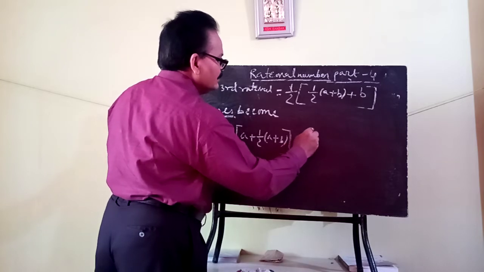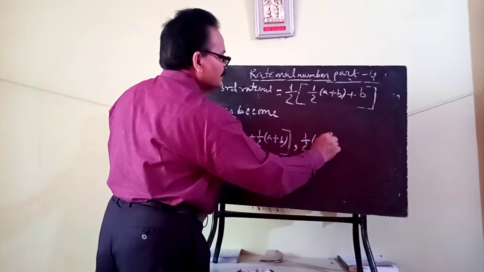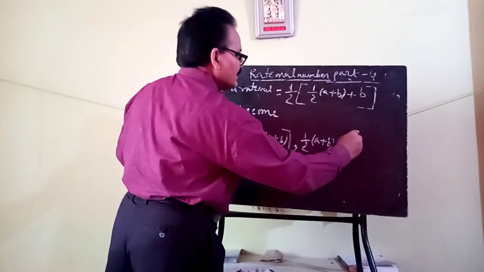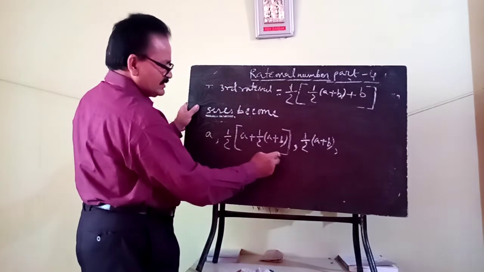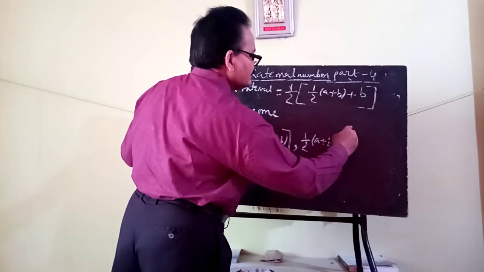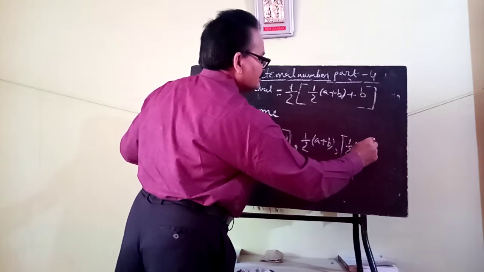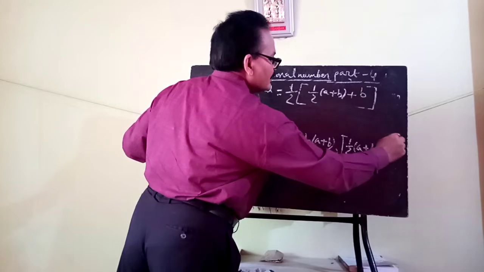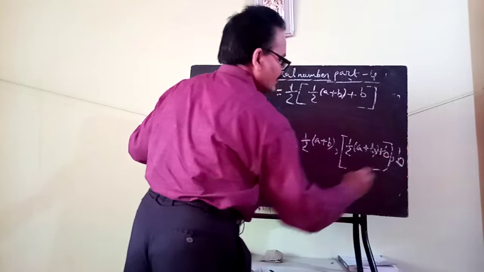Now the middle one, half of A plus B, comma, and the third one, half of (half of A plus B plus B), bracket close, then comma, B last one.